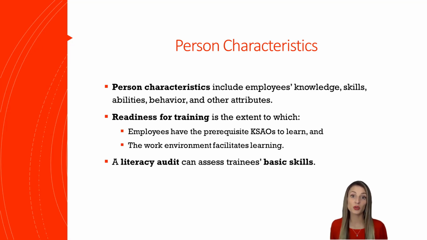To assess whether potential trainees have the prerequisites to complete training, we can use a variety of different assessments. We can also use a literacy audit to determine whether trainees have the basic skills. If some trainees don't have the prerequisites, the organization may offer remedial training prior to the actual training event.